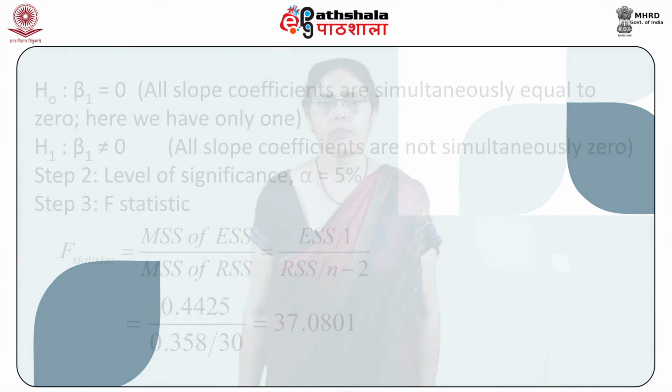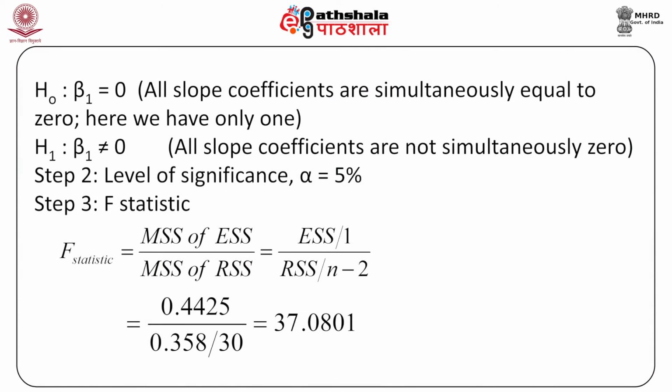Step 1, setting of hypothesis. H0: beta 1 is equal to 0, all slope coefficients are simultaneously equal to 0. Here we have only one. H1: beta 1 not equal to 0, all slope coefficients are not simultaneously 0. Step 2, level of significance alpha is equal to 5%. Step 3, F statistic.